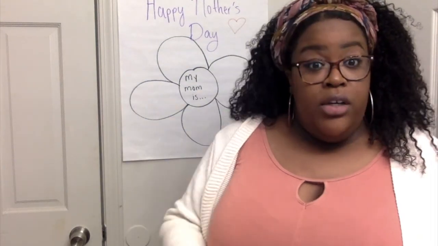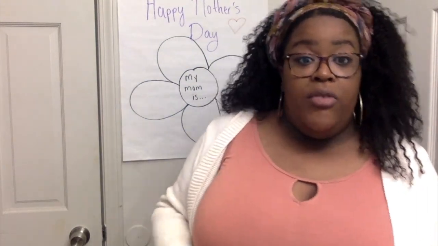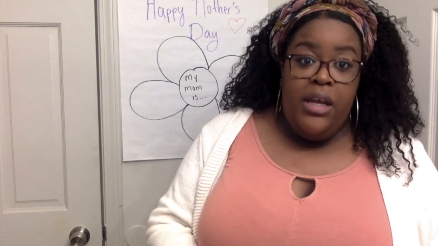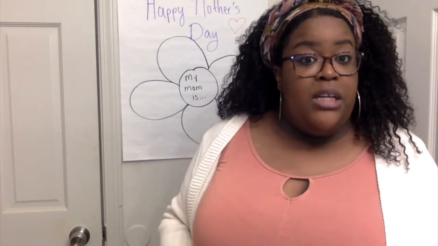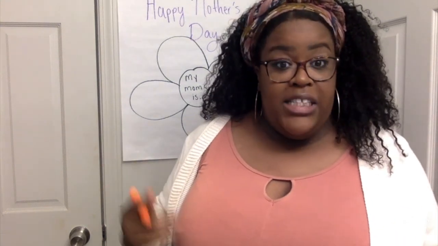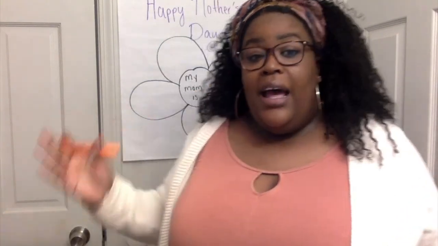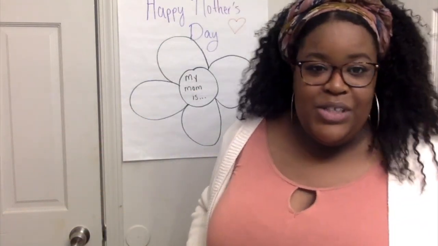So you can use my words, or you can think about other words that can describe your mom. Now remember, if you don't know how to spell something, you can try your best, or you can ask somebody in your family. Try not to ask your mom, unless your mom's already standing there next to you, which they might be, because this could be a surprise. If not, they can help you create this with you and it'll still be something super special.